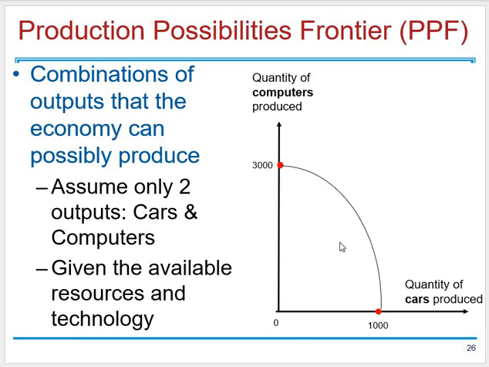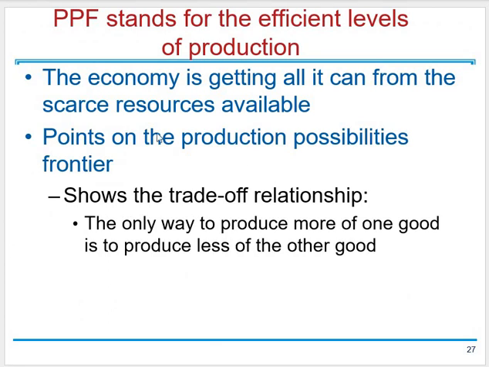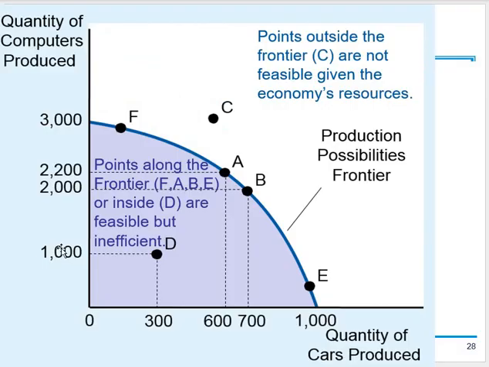When you are making more cars going this direction, going to the right, you're making fewer computers, so you're going down this PPF curve. PPF stands for the most efficient levels of production, which means you cannot do better with the resources given. You cannot go beyond your PPF. But can you go under your PPF? The answer is yes, right? So say this point D here shows you can produce, of course, 1,000 computers with 300 cars.